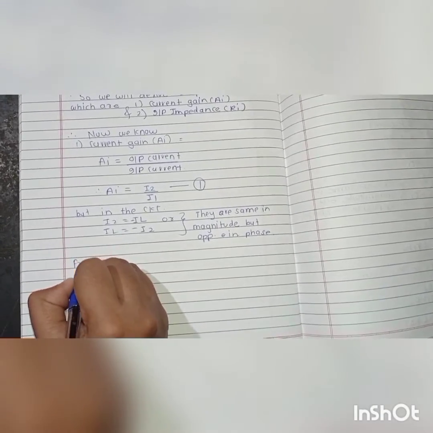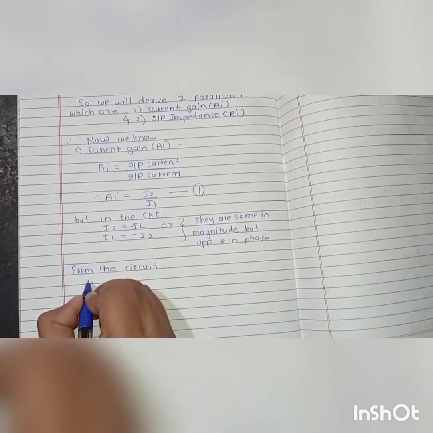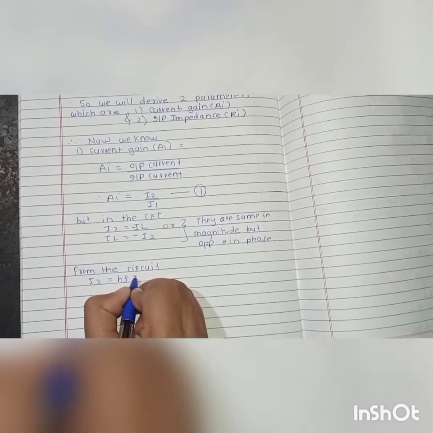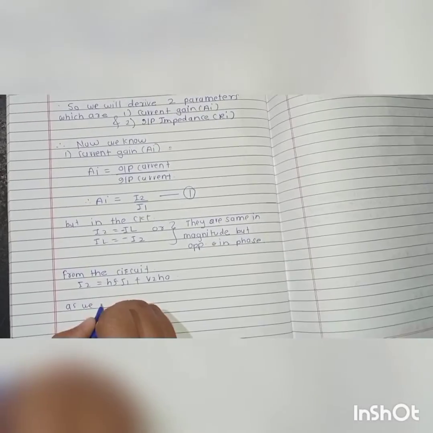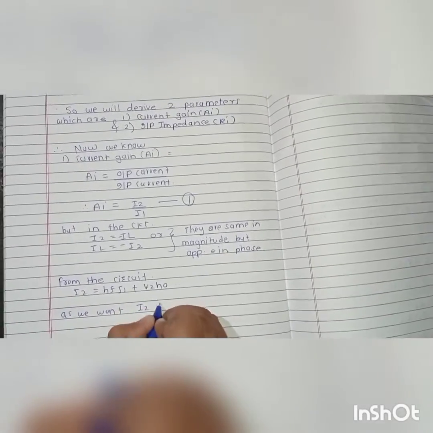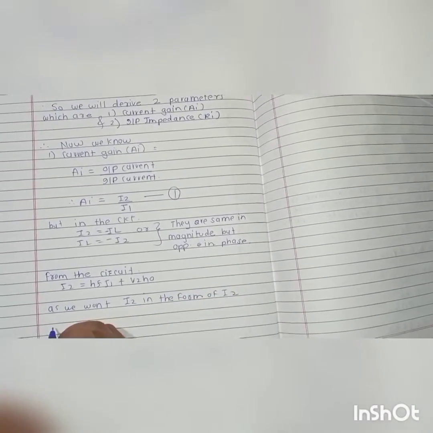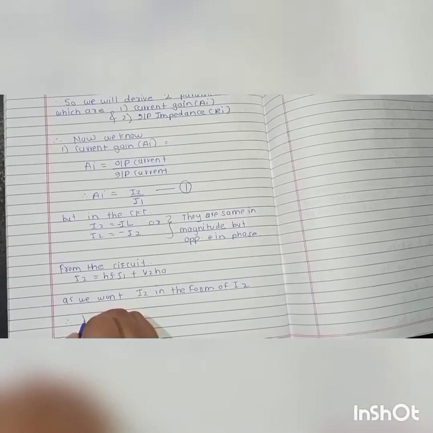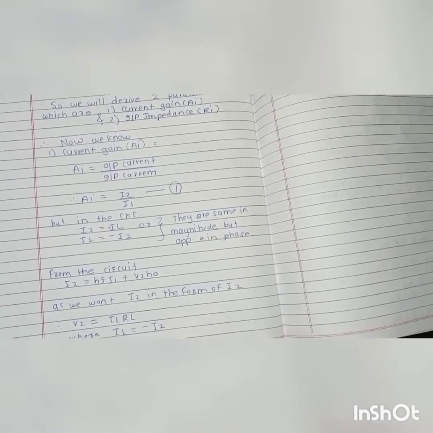From the circuit, we know I2 equals hf I1 plus V2 ho. As we want I2 in the form of I2, we will need V2 equal to IL RL, where IL equals minus I2. Therefore, V2 equals minus I2 RL.